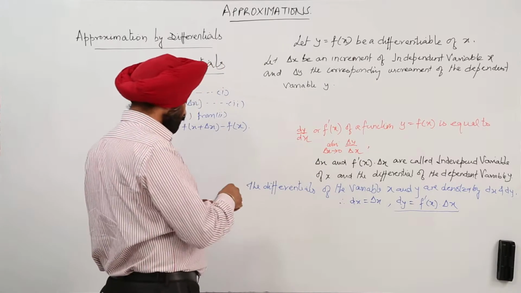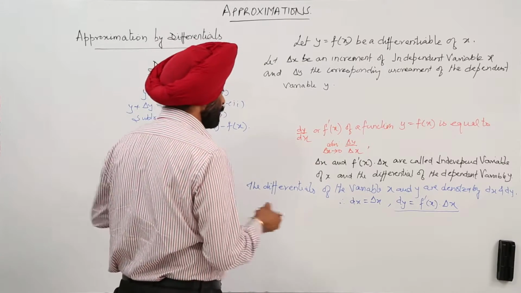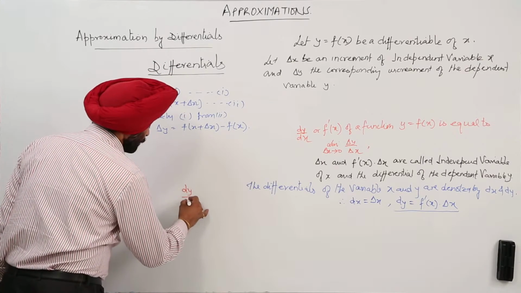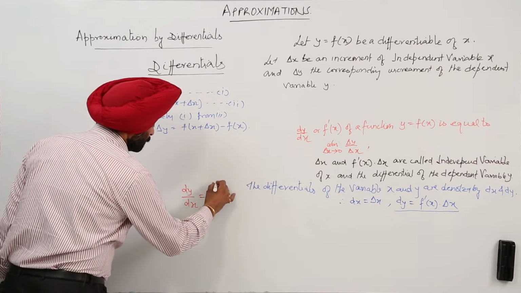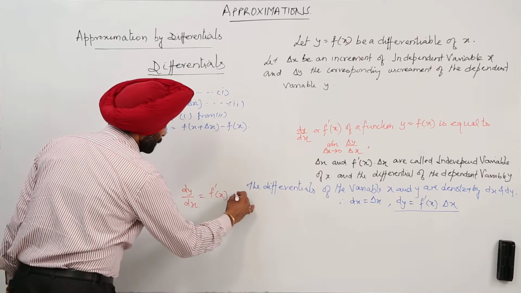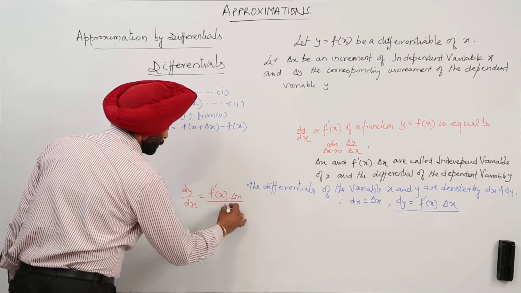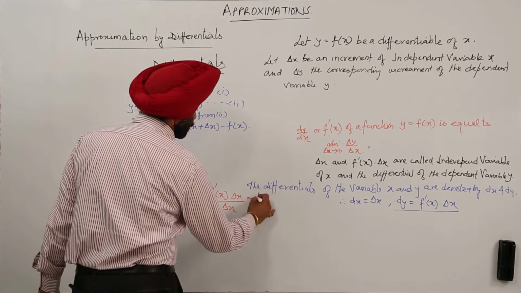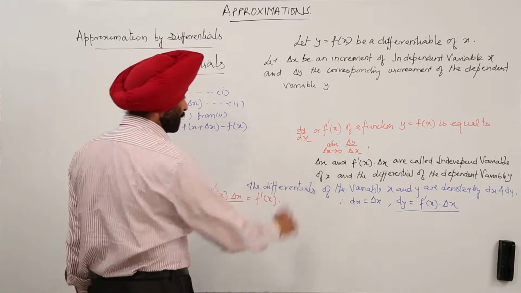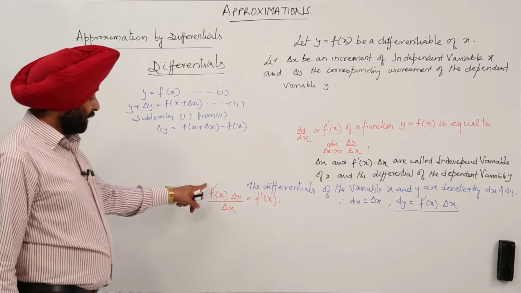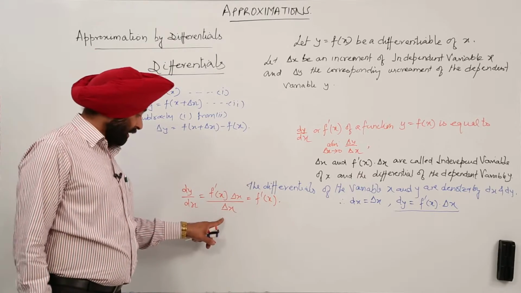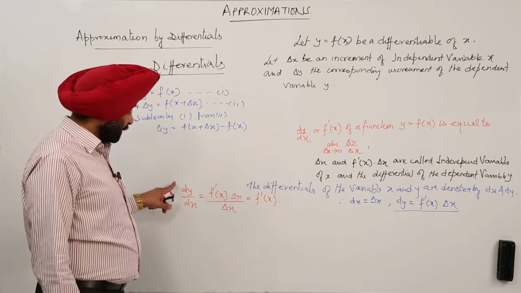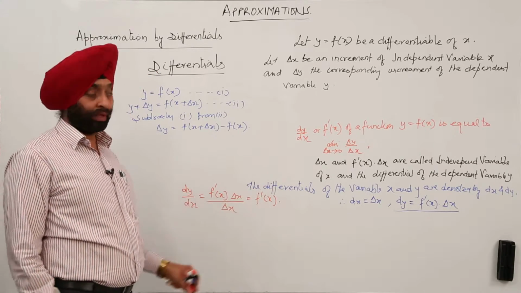Now the main thing we are going to write: dy by dx is equal to f derivative x with delta x upon delta x. Now what does this become? The delta x cancel, so we are left with f derivative x, so dy by dx is equal to f derivative x.